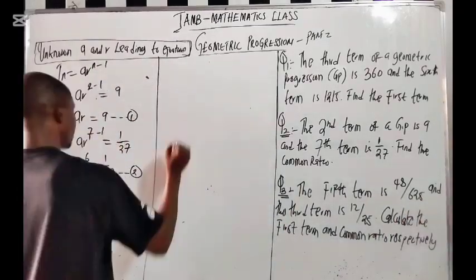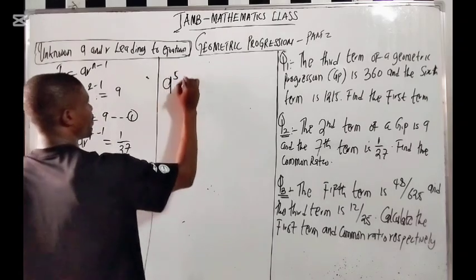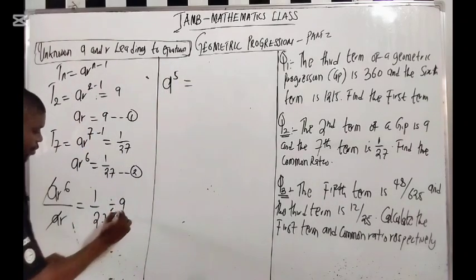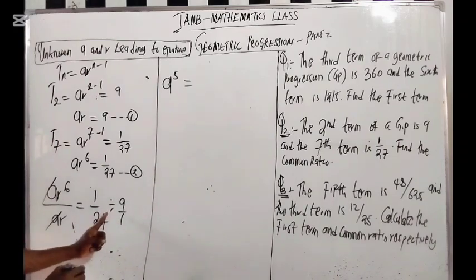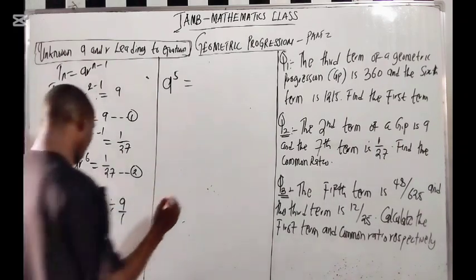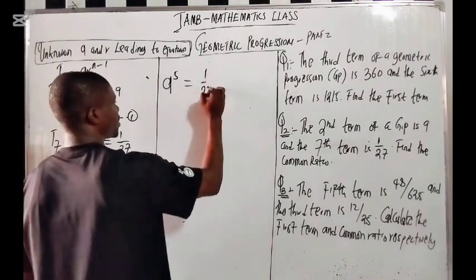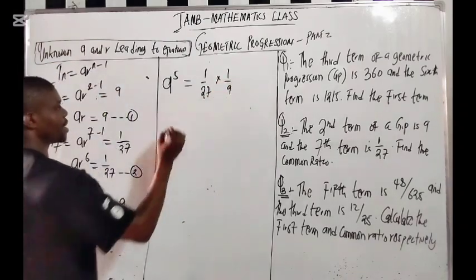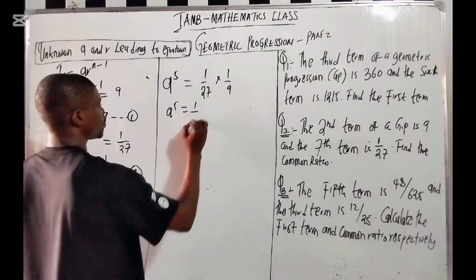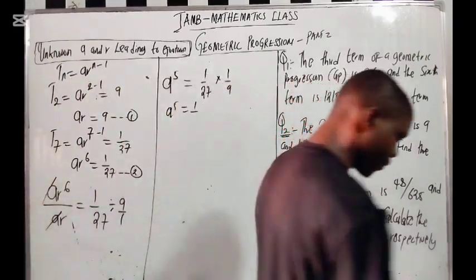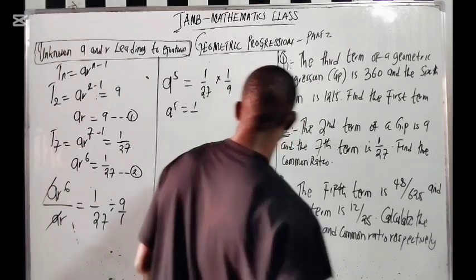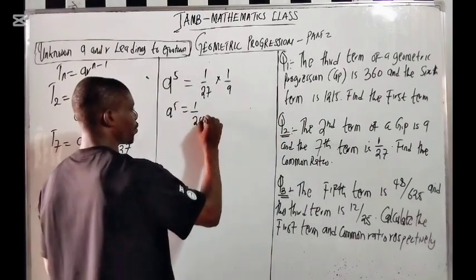So here we have r raised to 5 equals, if you do the calculation, you change the division to times: 1 over 27 times 1 over 9. When you multiply, r^5 equals 1 over 27 times 9, which is 243.